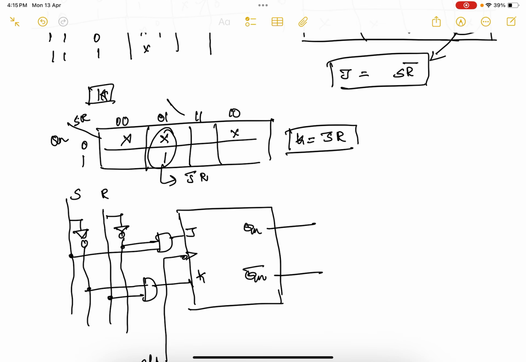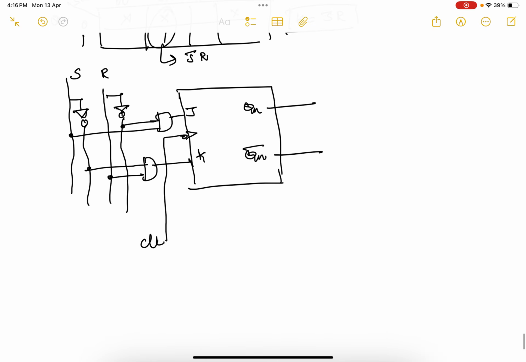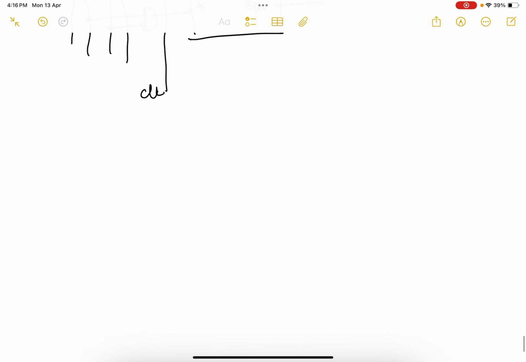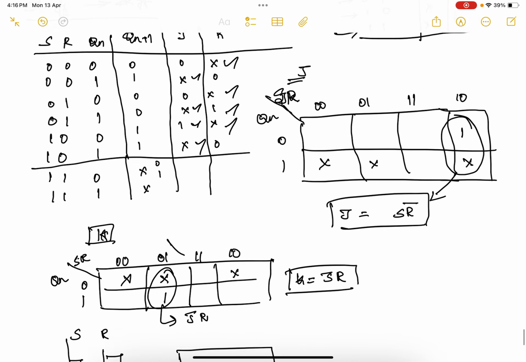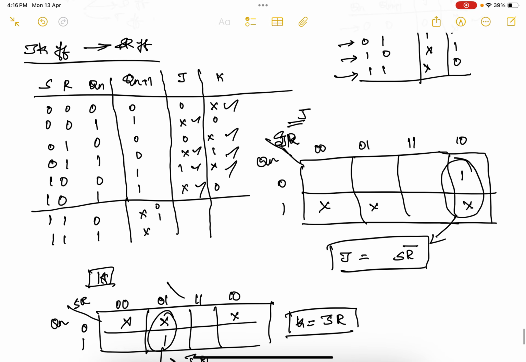Okay, so now we have converted the SR flip-flop to a JK flip-flop. So now we will go with the next conversion, that is, the JK flip-flop converted into an SR flip-flop.